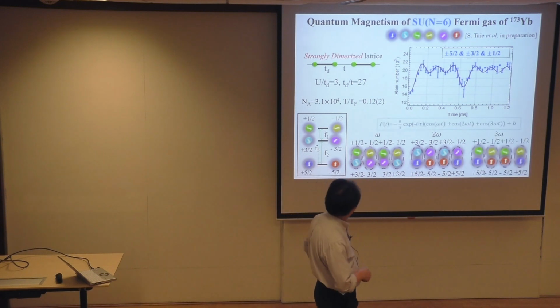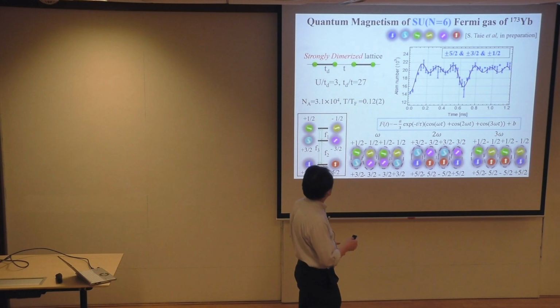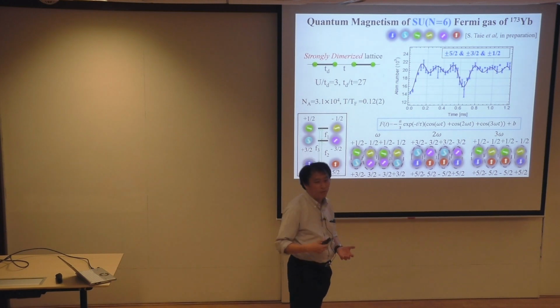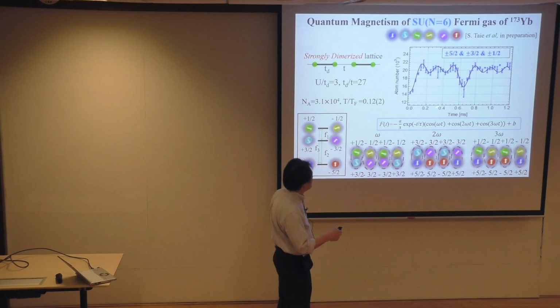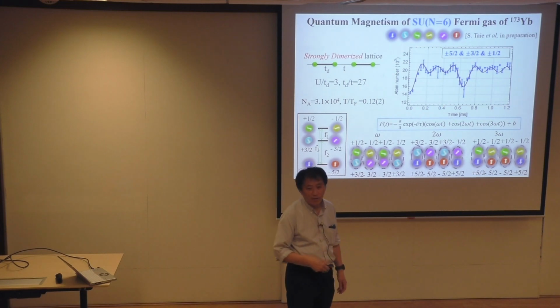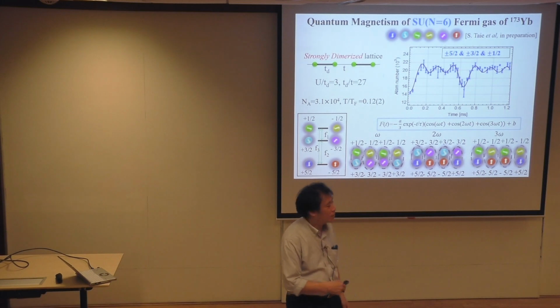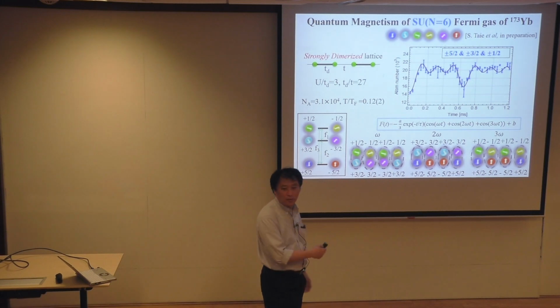Therefore, the expected STO signal can be written like this, which consists of the frequency components of omega, 2 omega, and 3 omega. And actually, the observed signal is well fitted with this function.